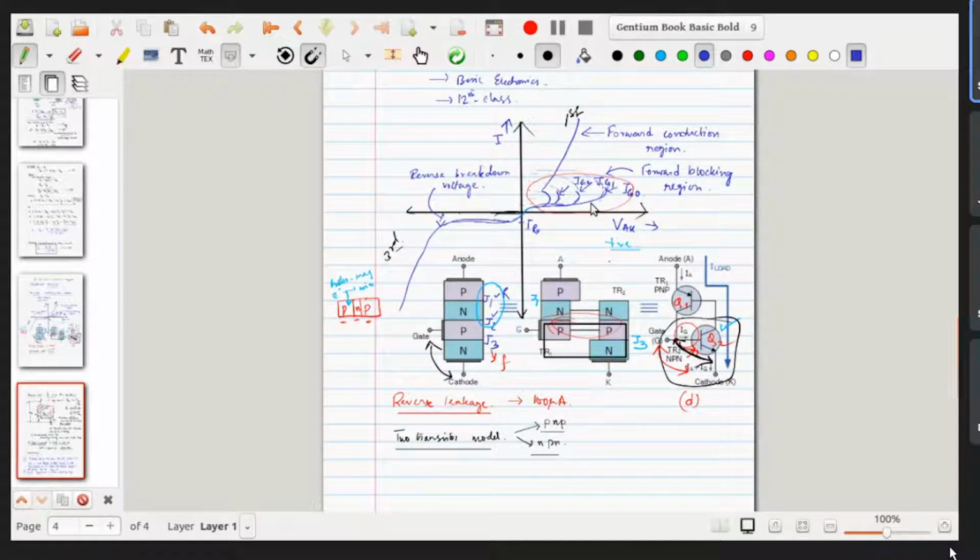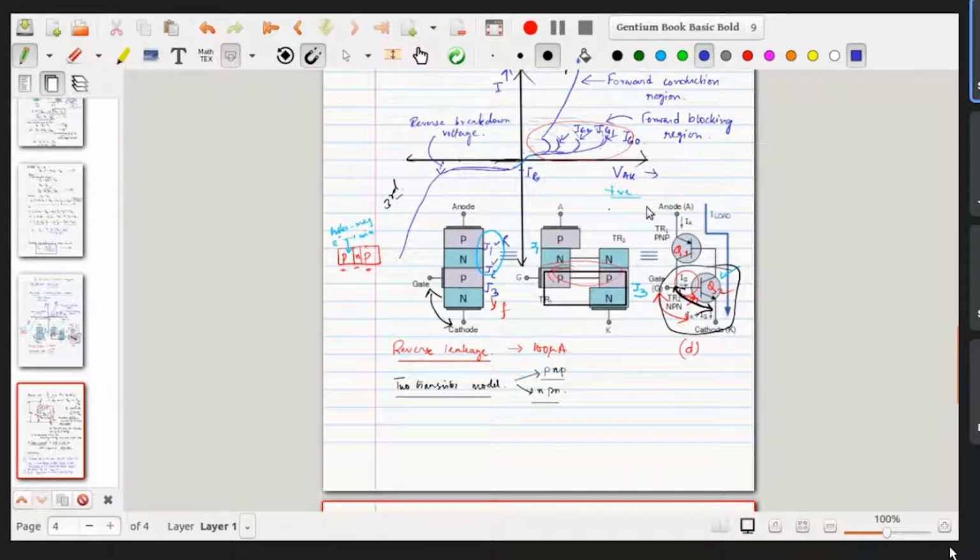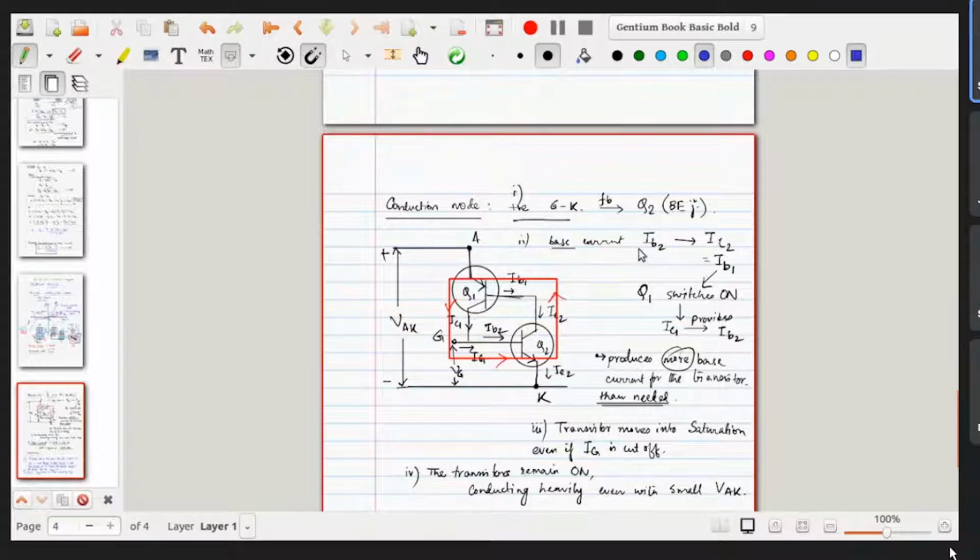Once it is increased to a forward voltage, it continues in that forward blocking region for a certain state, after which it moves into the forward conduction region when it is sufficiently high, to move into that state of high current, high gate current, that is going to ultimately trigger the cathode current itself. And we find that the reverse leakage current, whatever may be generated in that process, is of a very low order, like 100 microamperes.